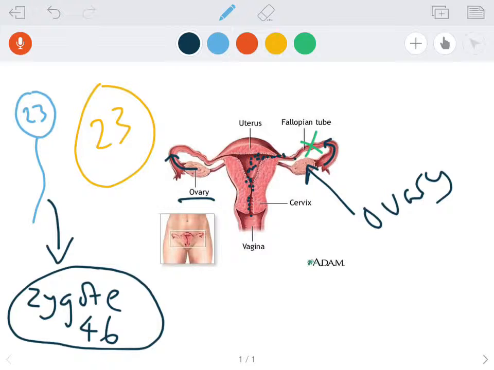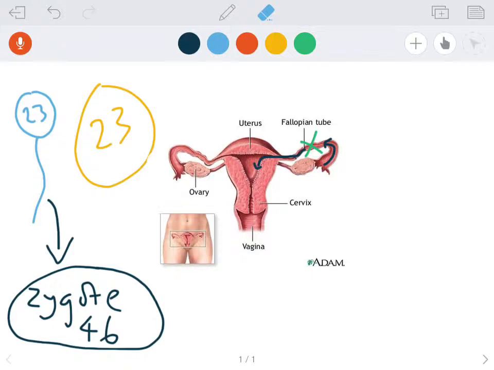If fertilization happens, the fertilized zygote will carry on down the fallopian tube and go to the edge of the uterine wall, and in that uterine wall it will implant and start to release hormones which will then coordinate the formation of a baby.